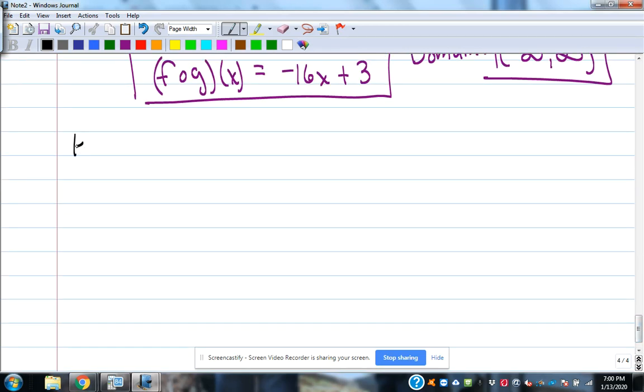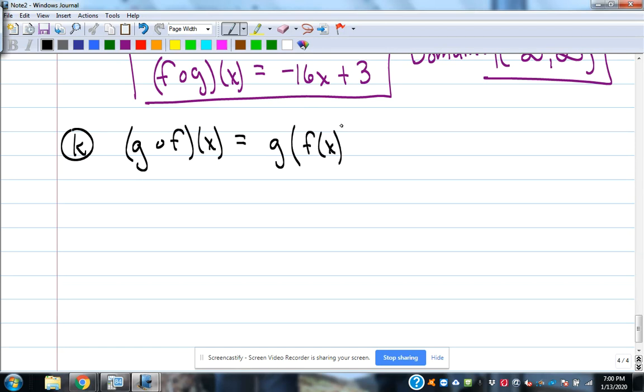Let's do one more with those easy ones. Let's do g composed with f of x. That means we're taking the f of x function and putting it in for x in the g of x function.